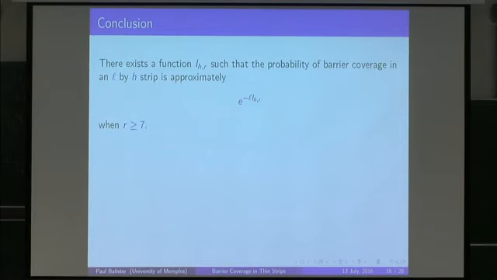So the probability that there aren't any breaks, so the whole thing is connected along the strip, or we have barrier coverage, is roughly e to the minus L times I(H,R). And we do need R to be a little bit on the large side for this result, but not that large.